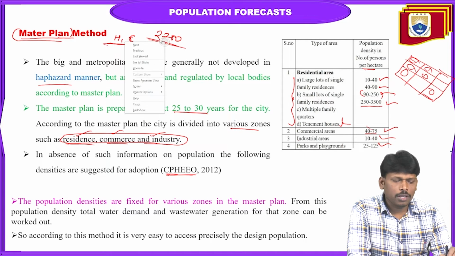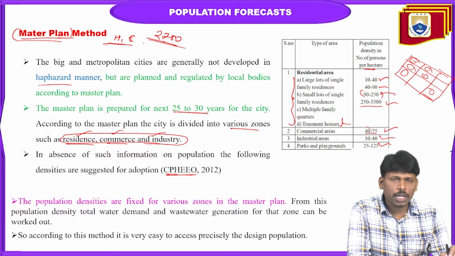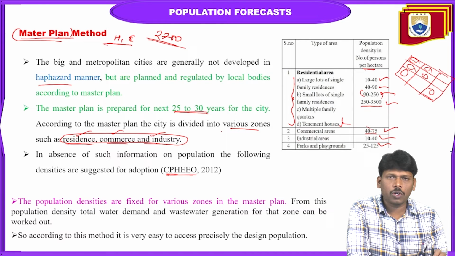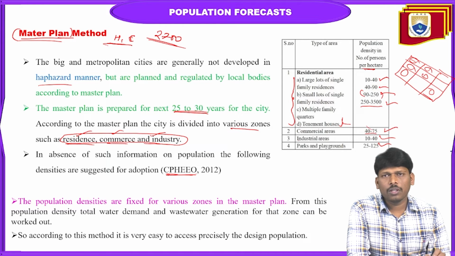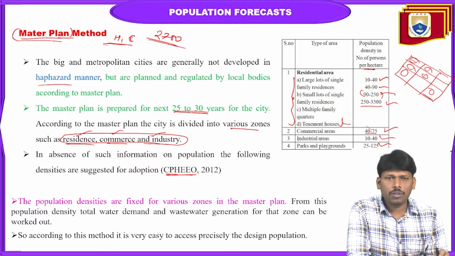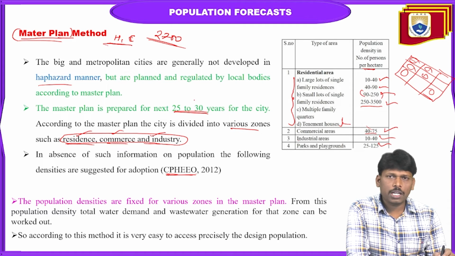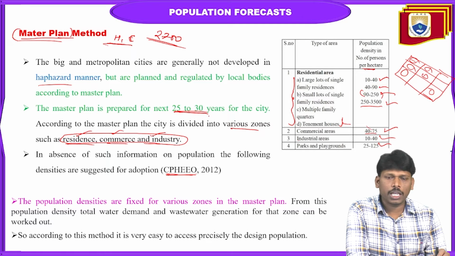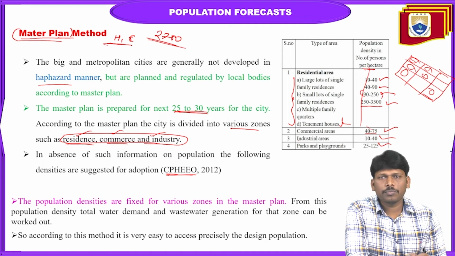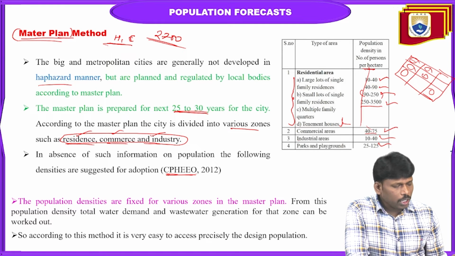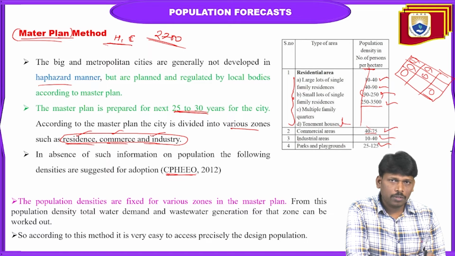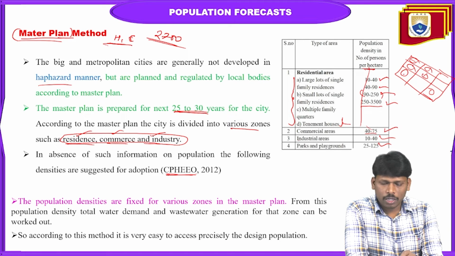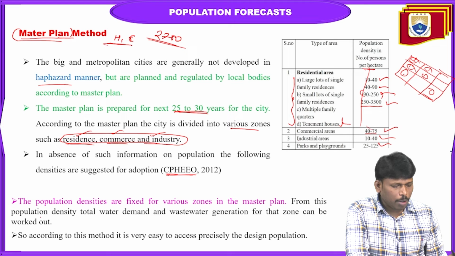In this case, we can easily expand. Even if you plan according to the master plan, it will serve around 20 to 30 years, and we can supply the water for this. We can consider the design period like this, irrespective of calculating the design period separately. Here the population densities are fixed for various zones in the master plan.